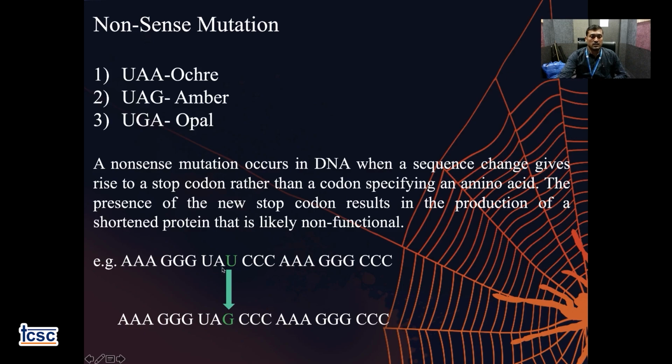For example, here we have AAA, GGG, UAU. These are the normal sequence. After mutation, the U, which is uracil, is replaced by guanine. This was the functional form of the protein, but after the change, there is a formation of a nonsense codon, or stop codon, and that stop codon stops the synthesis of the protein.